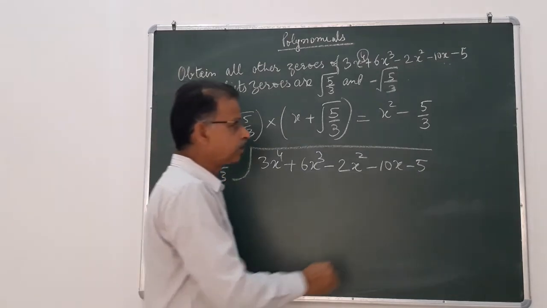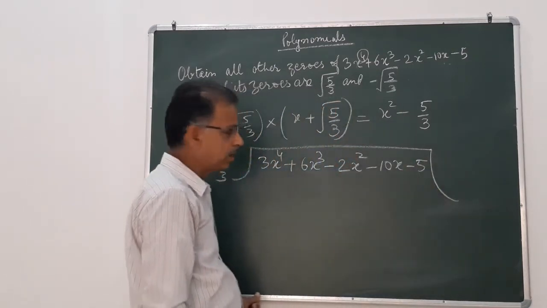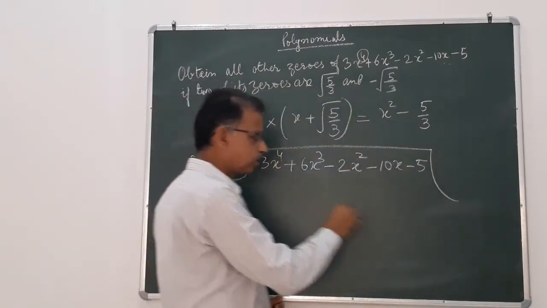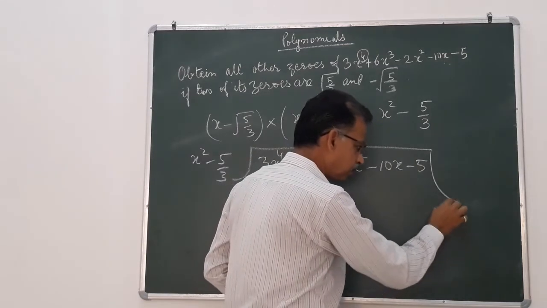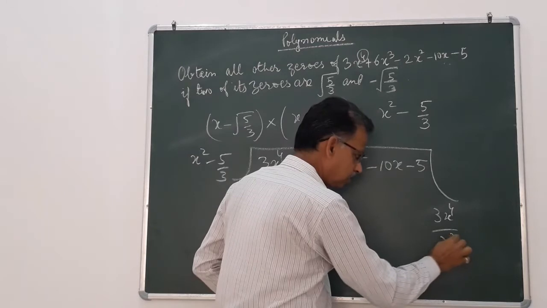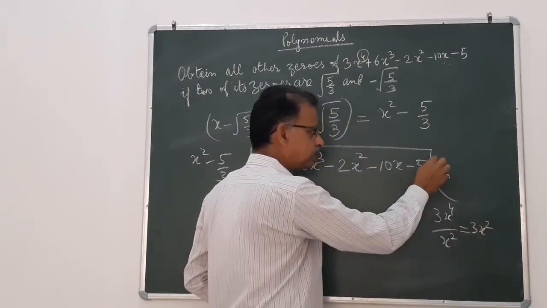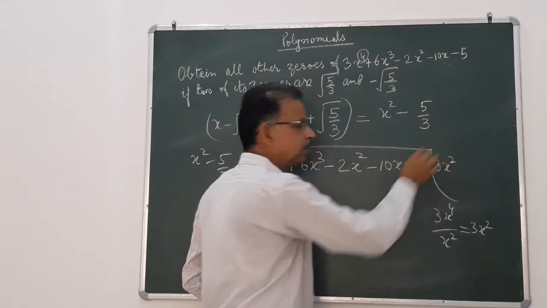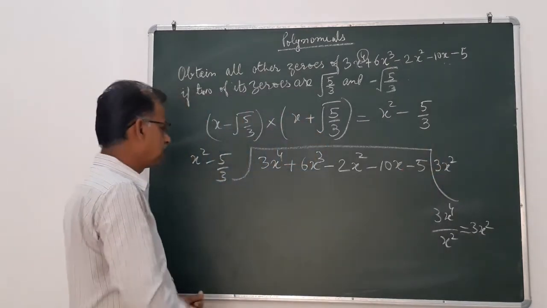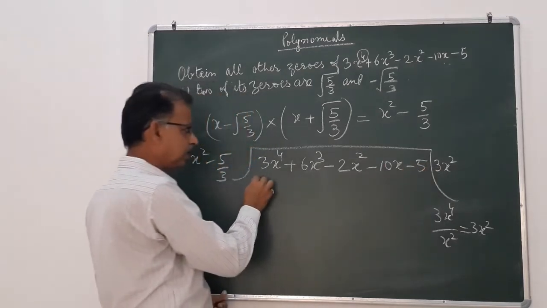To find the first term of the quotient, we divide 3x power 4 by x square. We get 3x square. So this is first term of the quotient. Now we multiply divisor and 3x square.